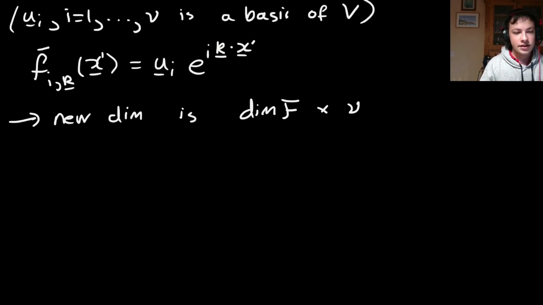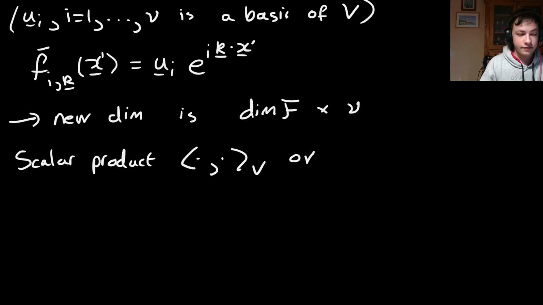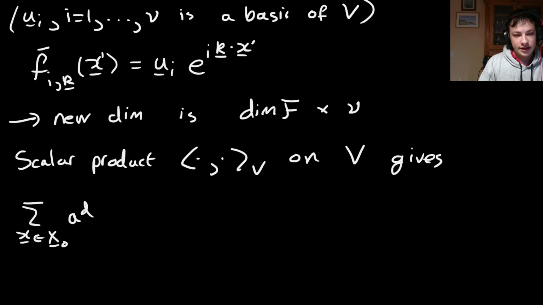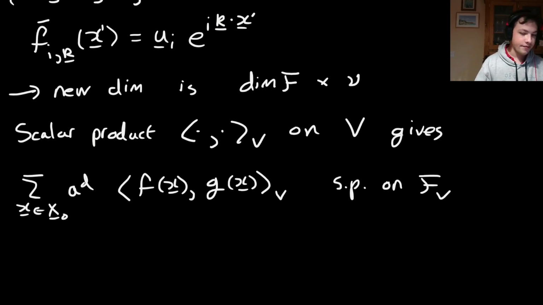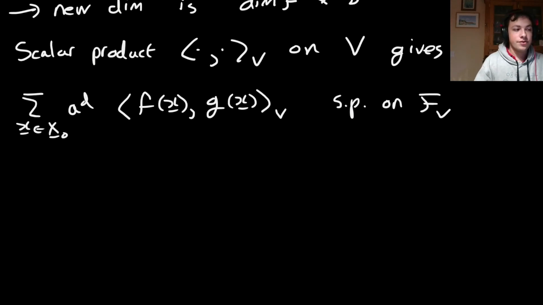And we get a new scalar product. So the scalar product on F, we're going to get the sum over these x's in x₀, a to the d, and it's just f of x, scalar product in V, g of x. A fairly easy generalization. And this all carries over really nicely to the integral stuff.